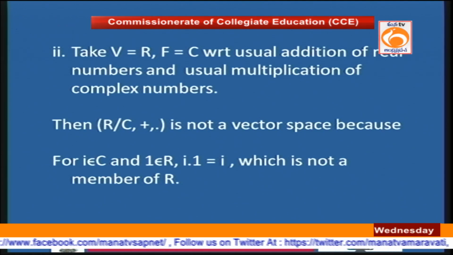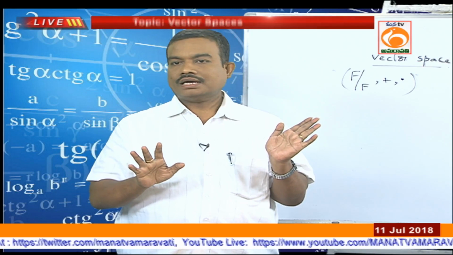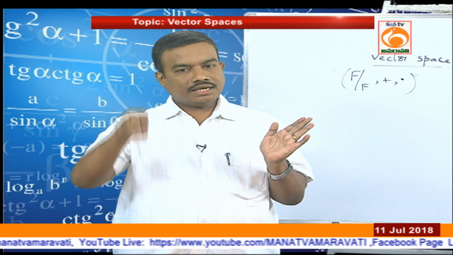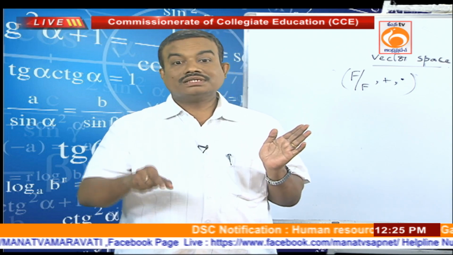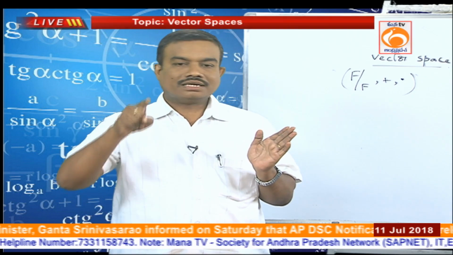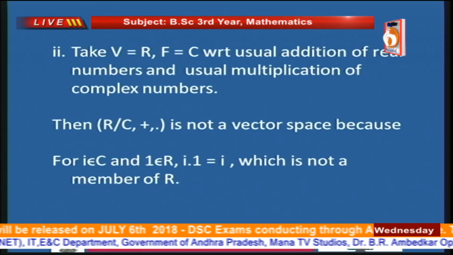So, no doubt the first axiom is satisfied, that is R plus is an abelian group. Again it follows from R, no problem. Now, where does the problem come? In the second axiom. What is the second axiom? Closure with respect to scalar multiplication. Here scalar multiplication is the usual multiplication of complex numbers. So, I have to multiply a complex number with a real number.